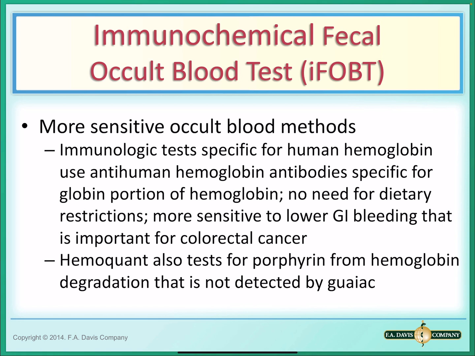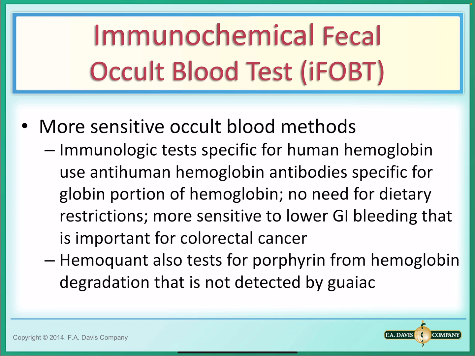It is definitely more sensitive to the lower GI bleeding, and that can be an indicator of colon cancer or other gastrointestinal disease, and can be used for patients who are taking aspirin and other anti-inflammatory medications. The immunochemical fecal occult blood test does not detect bleeding from other sources, such as a bleeding ulcer.